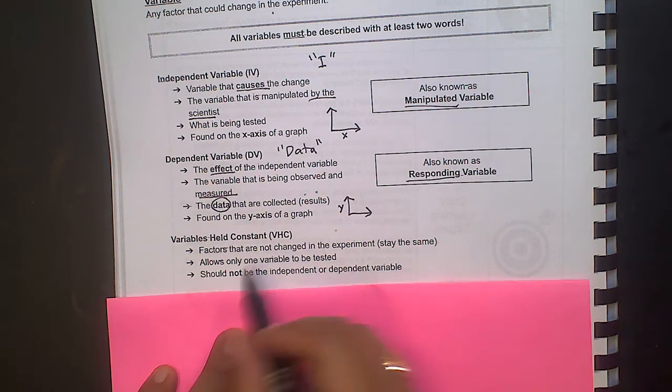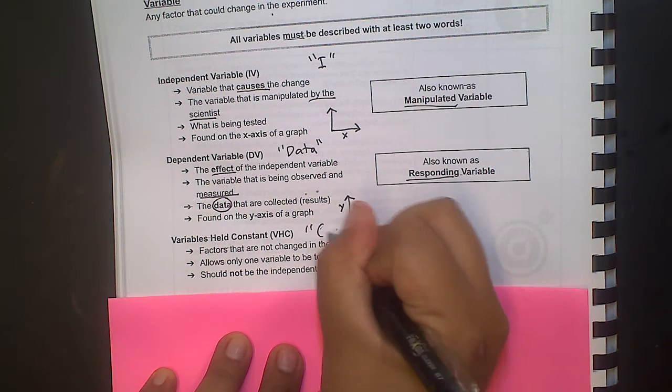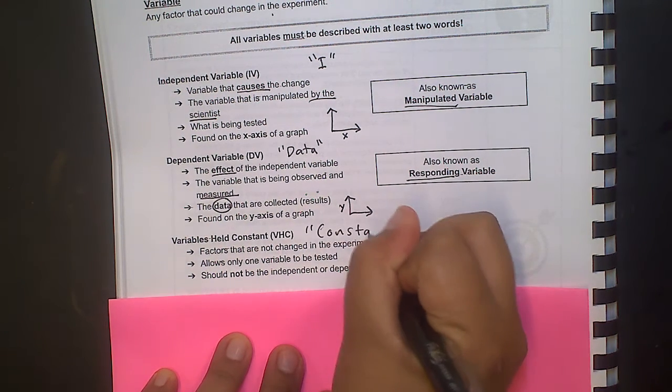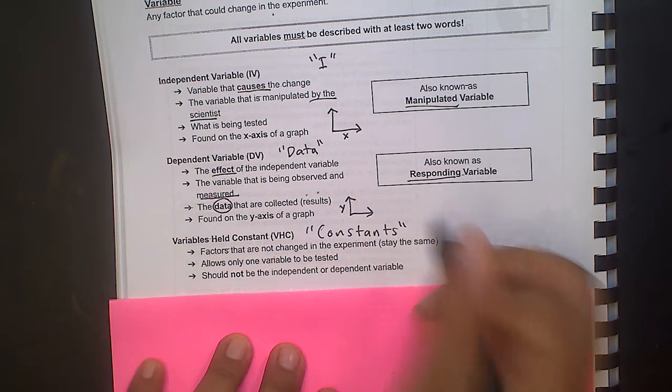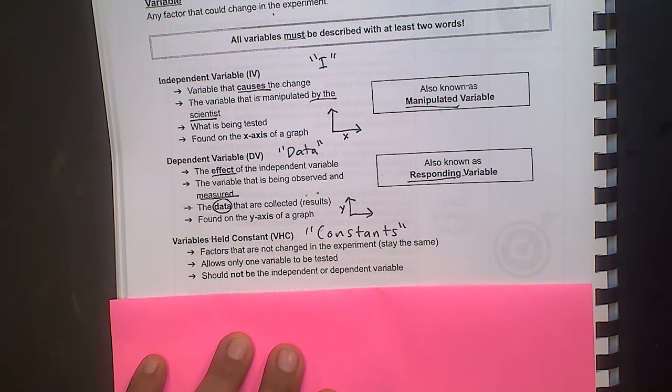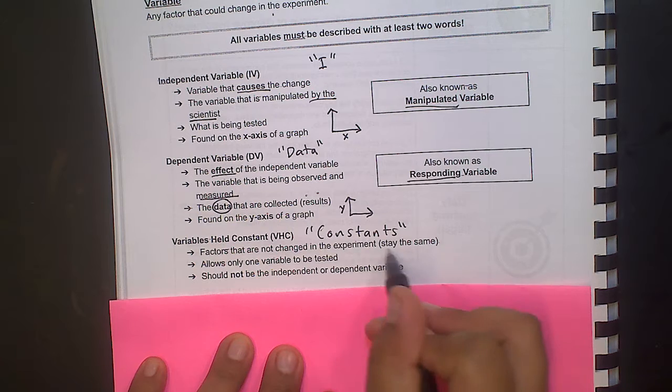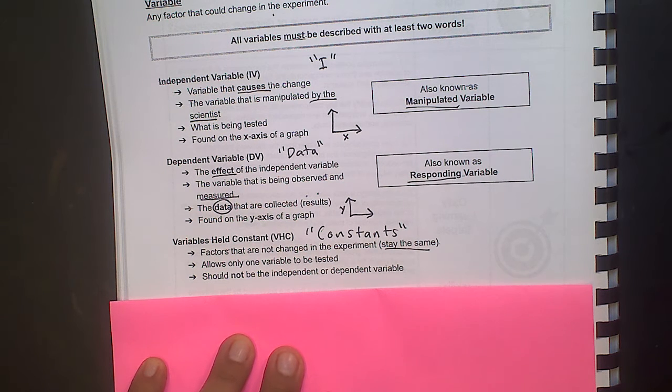So variables held constant, some people just call this constants. These are factors that are not changed in an experiment. They stay the same. They stay constant. It allows only one variable to be tested at a time, and it should not be the dependent or independent variable.